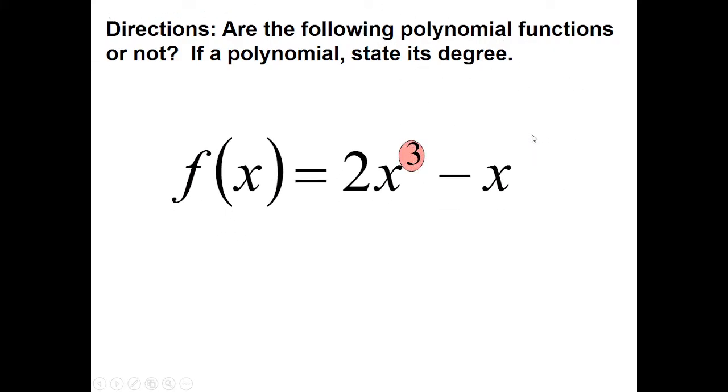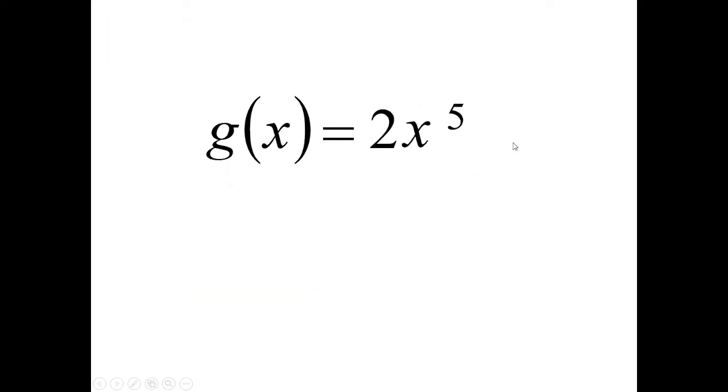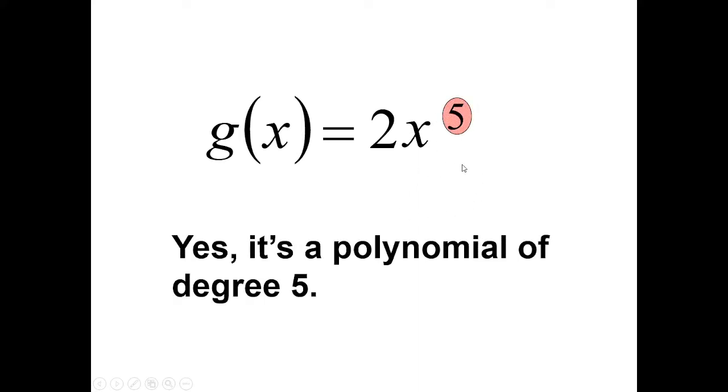So 1, is this a polynomial or not? Yes, it's a polynomial of degree 3, based on the highest exponent of the variable. Number 2, is this a polynomial or not? Yes, it's a polynomial of degree 5.